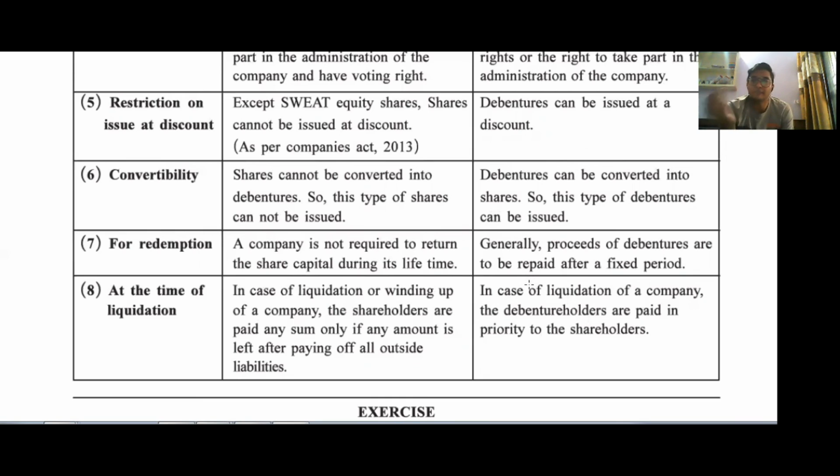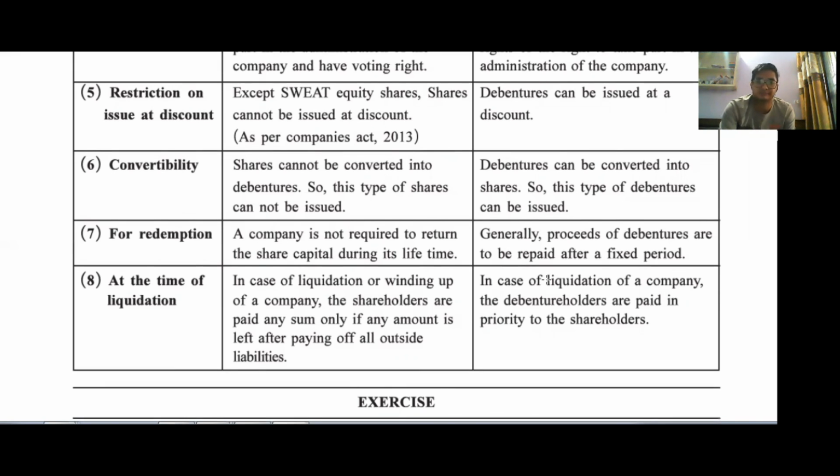It means debentures have more benefits, but shareholders have very few benefits. First of all, a debenture holder gets a fixed amount of interest, whereas a shareholder has no fixed amount of interest. At the time of liquidation, the debenture holder gets the first right, the shareholder gets the last right to get the money back. But there is one important benefit in equity shares, that is equity shareholders have voting rights, but debenture holders have no voting rights.